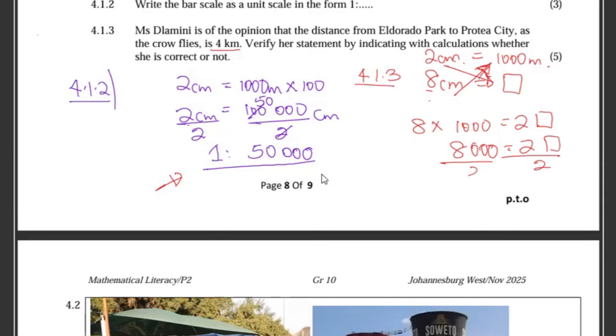Divide by 2. Divide by 2. This goes with that. So the distance is, but these are meters. The person wants kilometers. What happens? You divide by 1,000 to make them kilometers. Wow. So we have 4 kilometers.